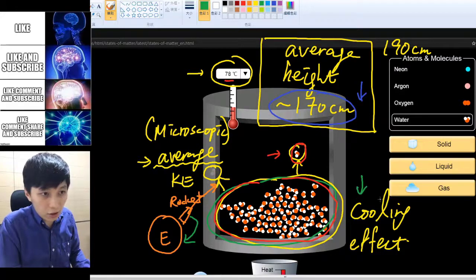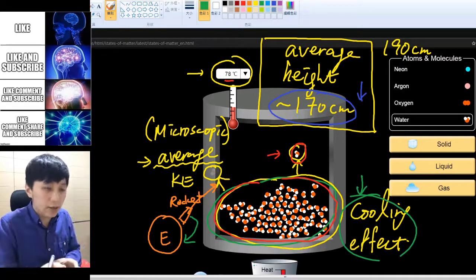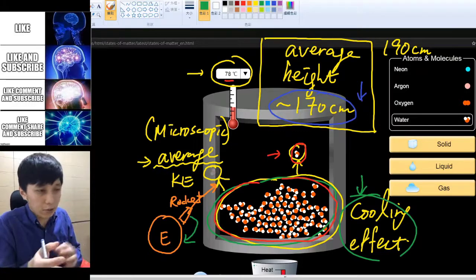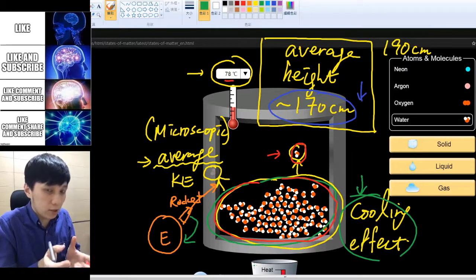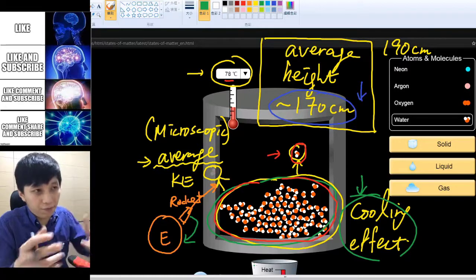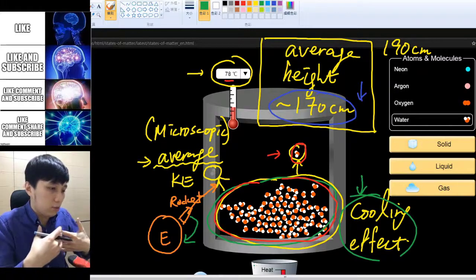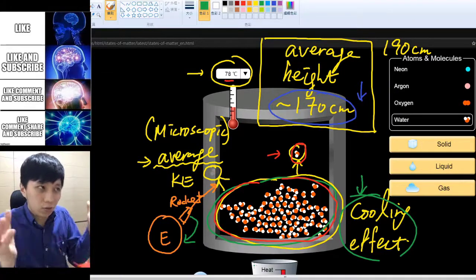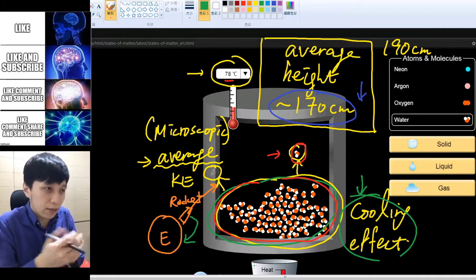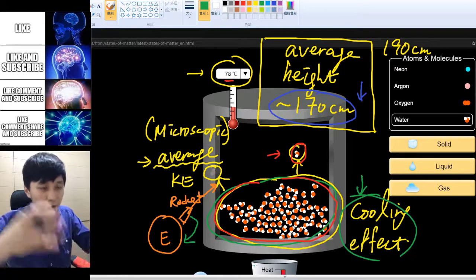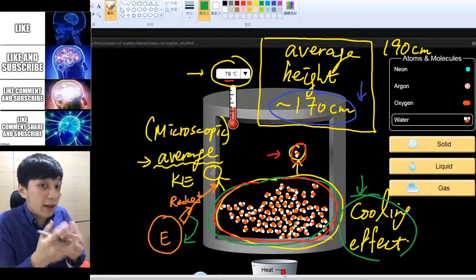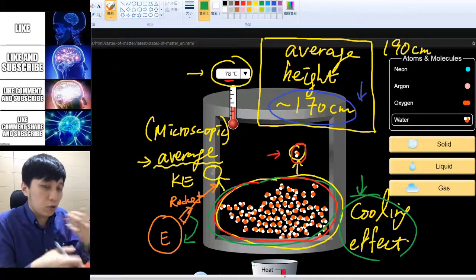And so this is called the cooling effect, and that is why it's important when you are doing sports or exercises, you need to drink enough water, because when you drink enough water, then you can produce sweat. The sweat is actually a protective system from your body, where when you sweat it out, hopefully the sweat can evaporate, and that's why you want to wear clothes that help you to evaporate, and that can take away the heat of your body, because when you're doing exercises, you will produce heat.